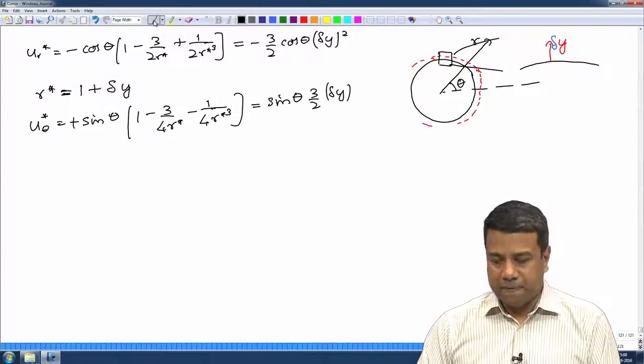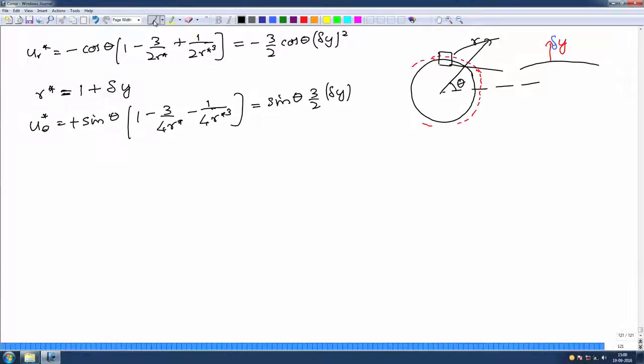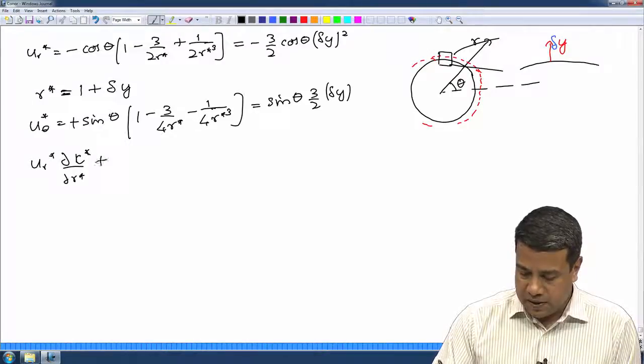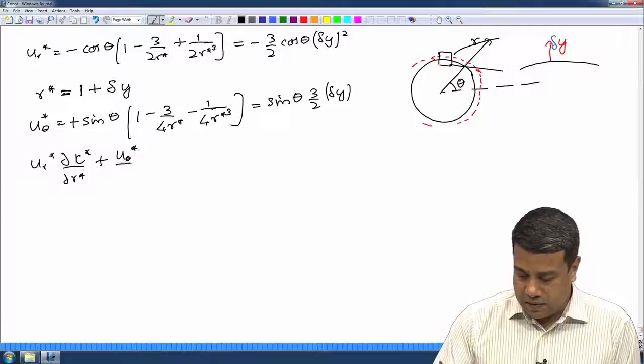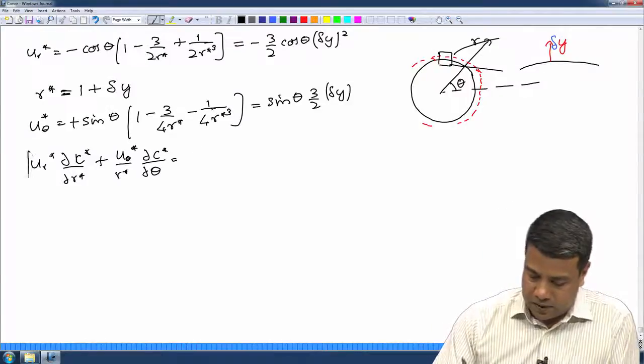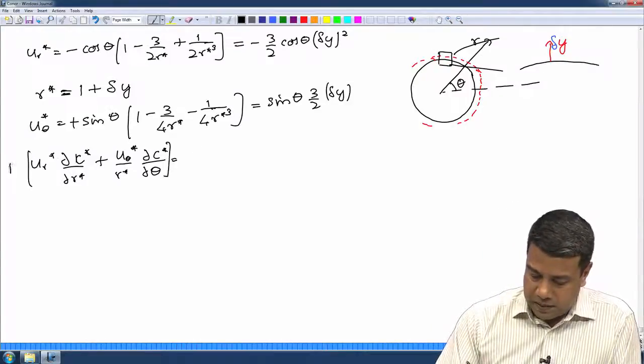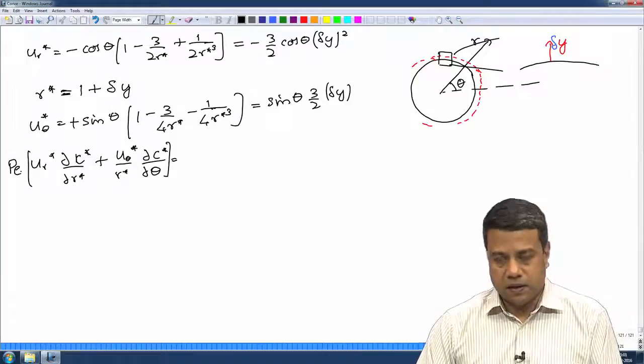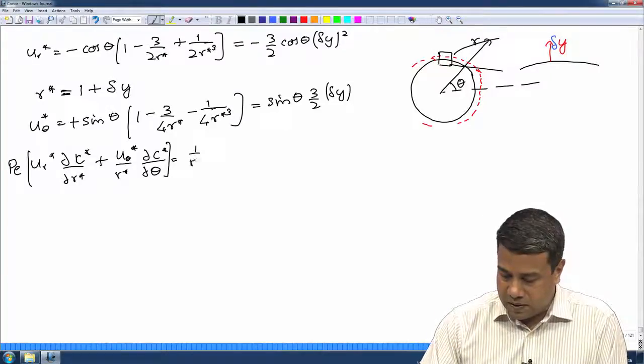For that I need to rewrite the diffusion equation: Peclet number times u r star partial c star by partial r star plus u theta by r partial c by partial theta is equal to 1 by r square d by dr.